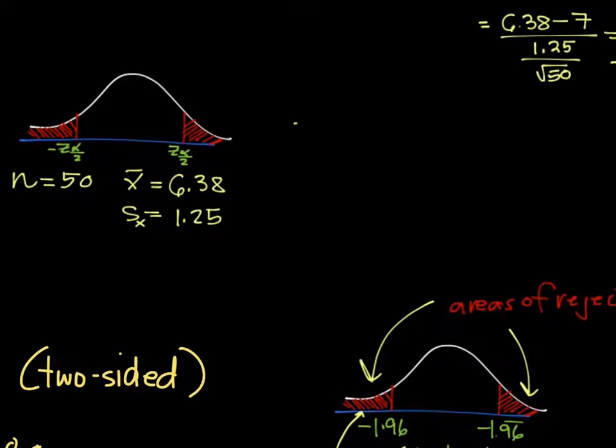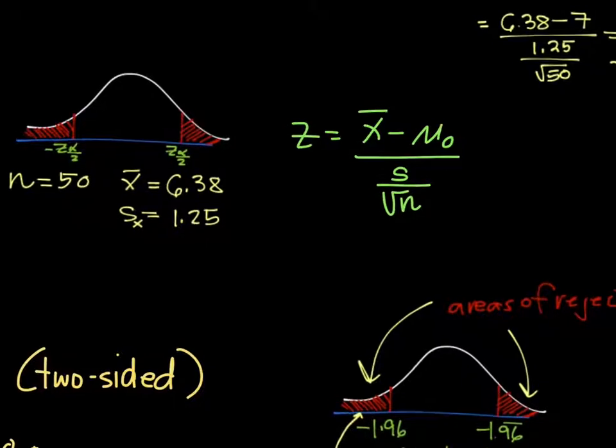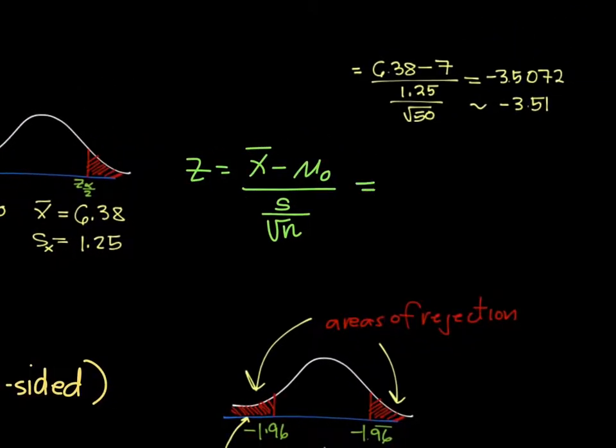So z is equal to x bar minus mu sub 0 over s over the square root of n. This means we have x bar, 6.38, minus mu sub 0, the hypothesized mean, which is 7, divided by s, 1.25 over the square root of 50.